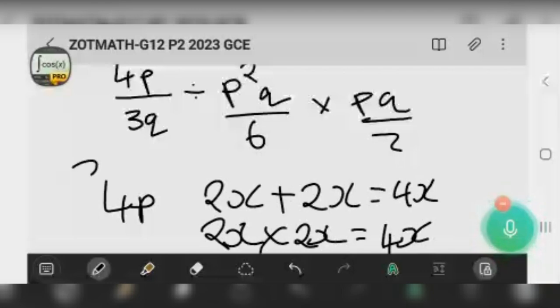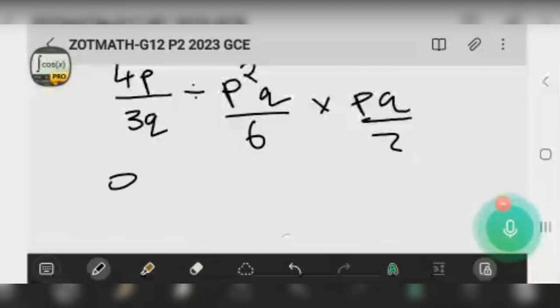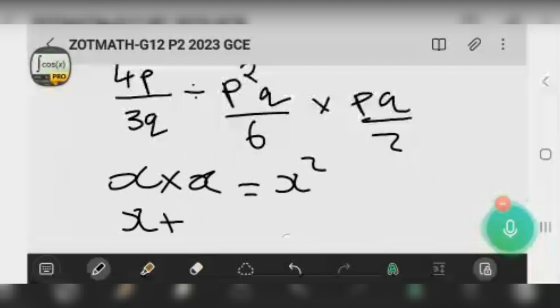I want you to understand properly. X times x is equals to what? The multiplication of variables x times x is equals to x squared. But x plus x is equals to 2x. Are you understanding this?